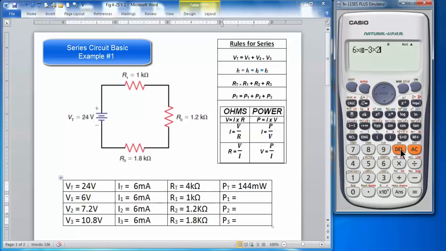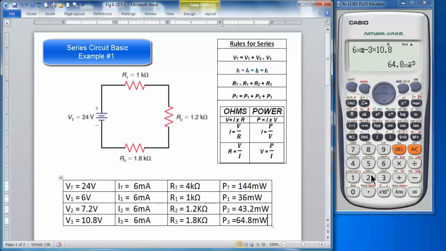It's going to stay the same on the current at 6 milliamps times the 6 volts tells me 36 milliwatts for P1. P2, current stays the same, change the value of the voltage drop to the V2 value, gives me 43.2 milliwatts. Then we can change this to the final and last voltage amount, gives us our answer of 64.8 milliwatts.